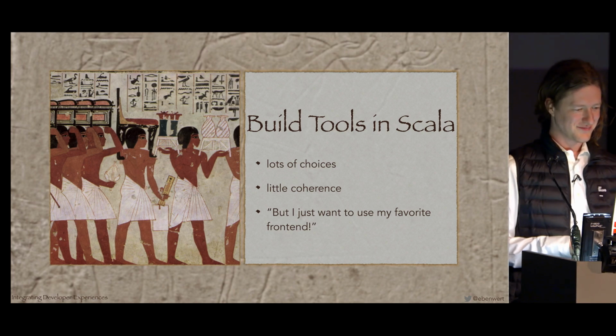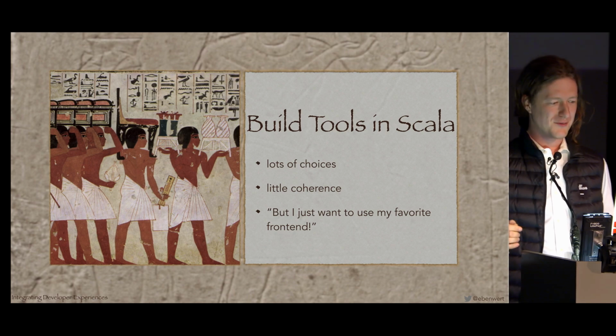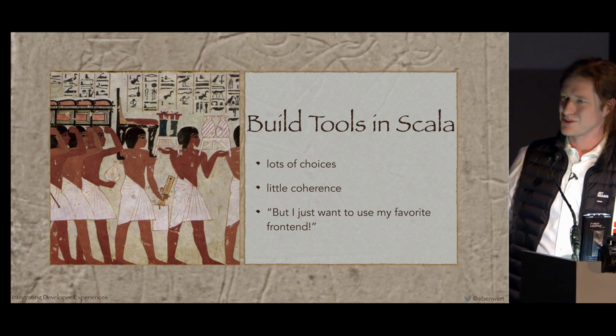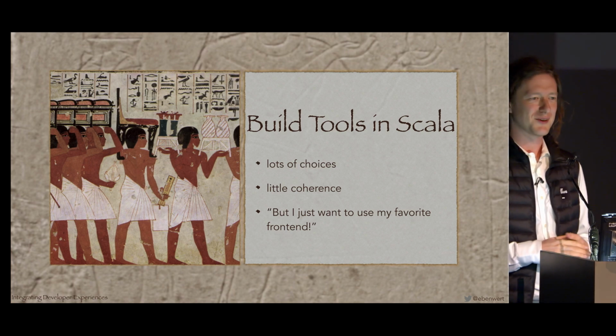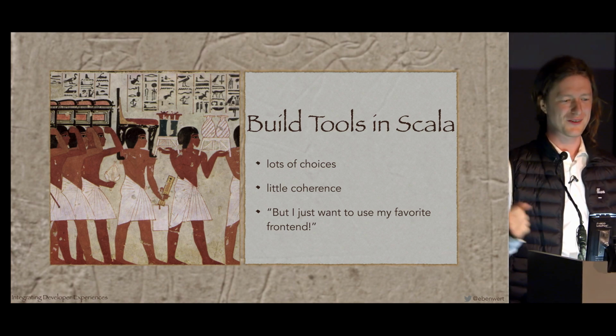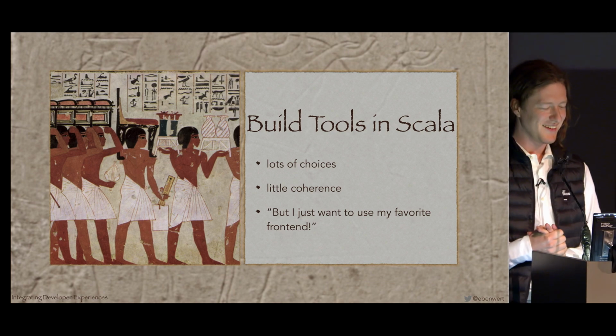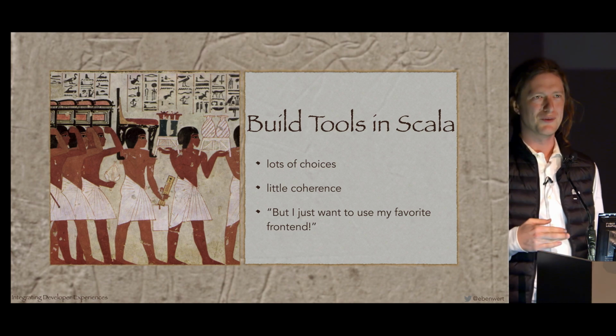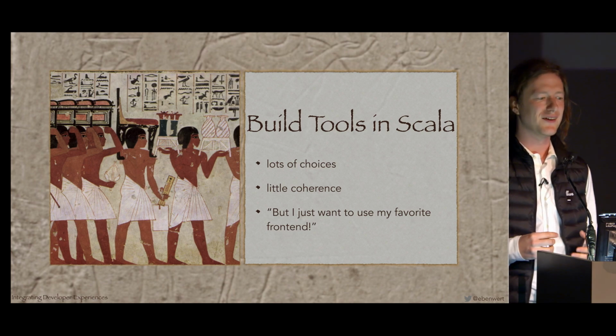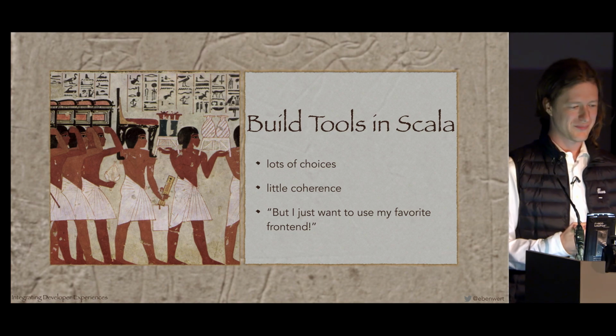So, we have lots of choices in build tools. John just talked about his way of increasing the choices. And there's little coherence as to how they work or how they work together, how they work with an IDE.